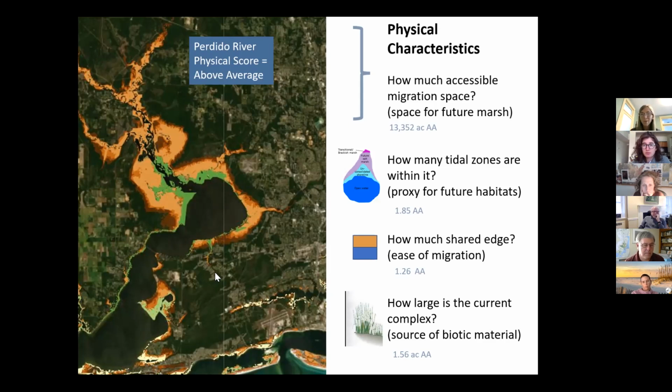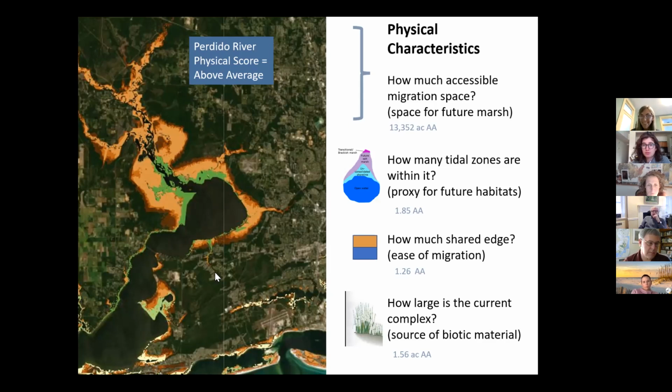And so this is a marsh migration space that shows that the future marsh potential is actually larger than the current existing marsh. This is something that we saw play out a few times in this, particularly in the southeastern United States. So large expansive areas that don't currently have marsh that might have marsh in the future. This marsh migration space happens to be 13,000 acres.